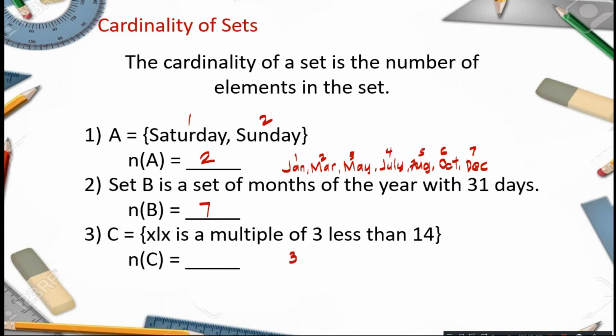So we have 3, 6, 9, and 12. We cannot include 15 because the rule states that it must be a multiple of 3 below 14. So we have 1, 2, 3, 4 elements, which means the cardinality of set C is 4.